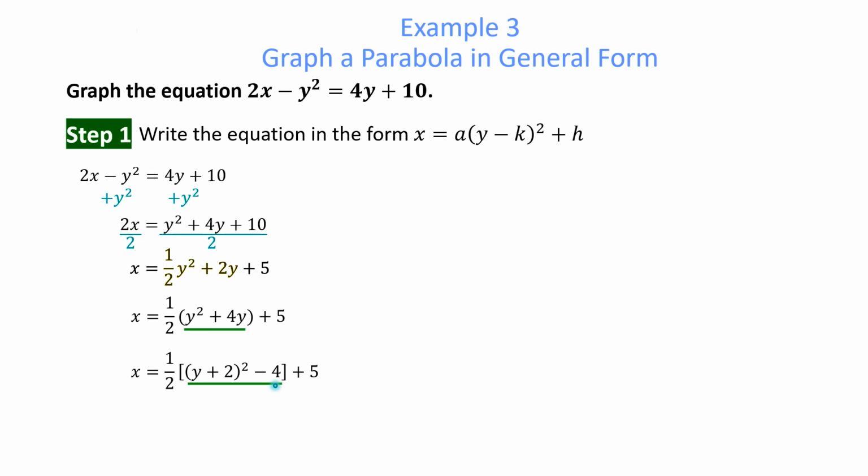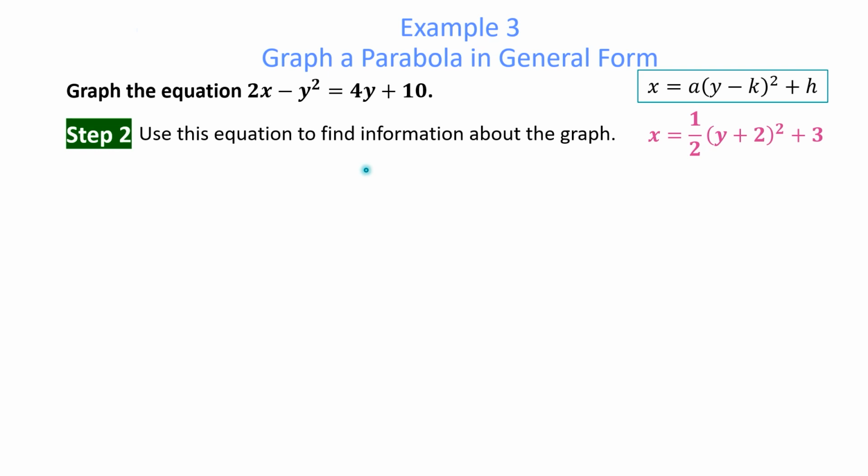And now what we can do is multiply out the square brackets using the distributive property to give us the following. So you can see a half multiplied by this bracket squared gives me this term. A half multiplied by minus 4 will give me minus 2, and then the plus 5 is just carried over. When we simplify what we have here on the right hand side, we'll end up with the equation in standard form like so.